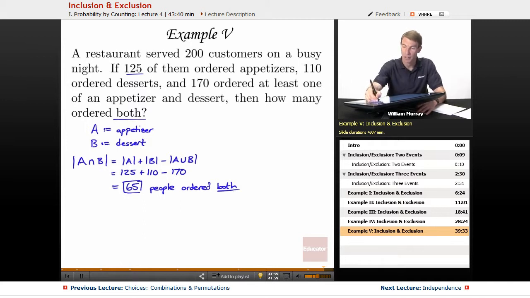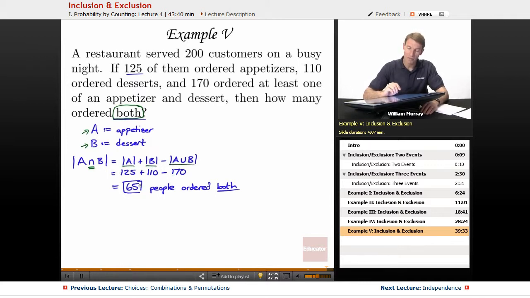So that was probably easier than some of our other problems here, but let me make sure that all the steps are really clear. First thing to do is to set up events, A and B: people who ordered appetizer, people who ordered dessert. And then we're asked how many people ordered both, which means we're counting an intersection. We're going to use the formula for inclusion and exclusion that we had back in the very first slide. So you count the individual events and then you subtract off the union.